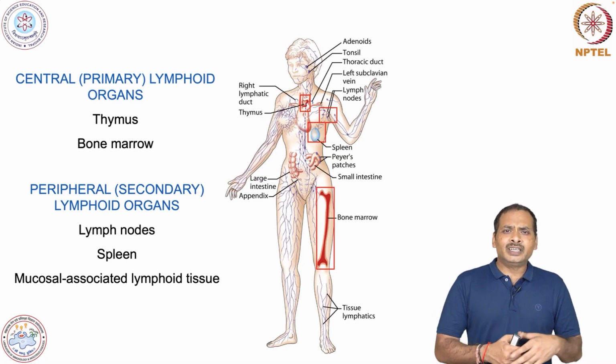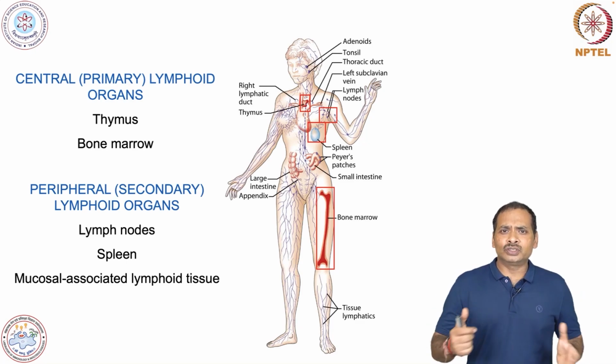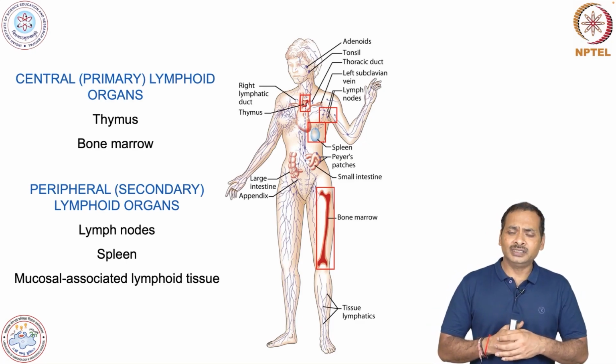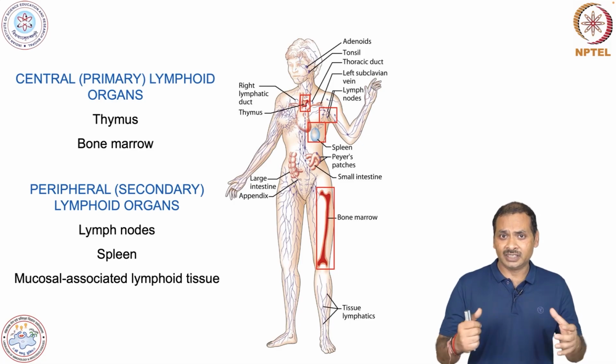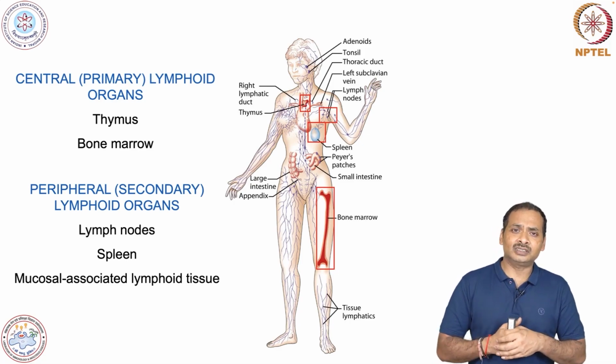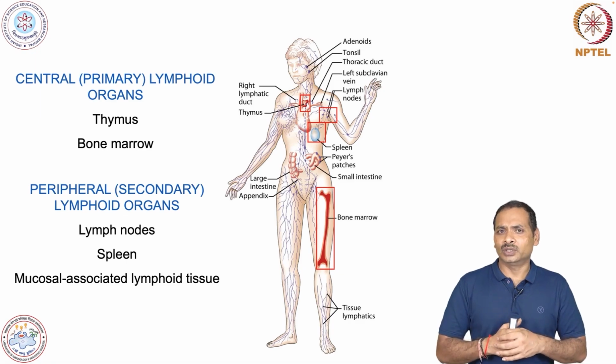So here I just gave you an overview of lymphoid organs. In the next session we will discuss all these organs in great detail. We will discuss the structure, the composition, and how each plays an important role in defense.